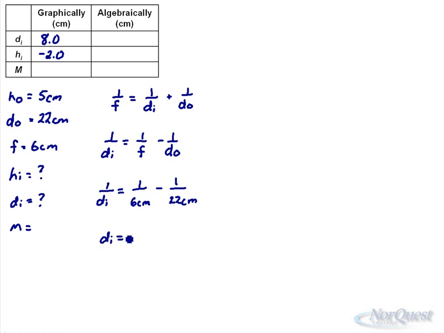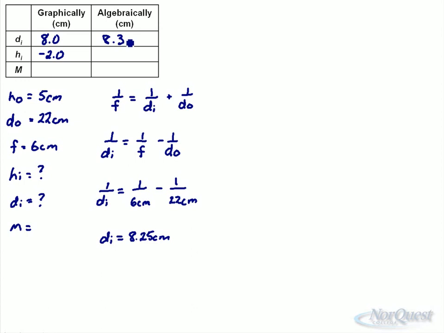So use your x to the negative 1 key, and you should get 8.25 centimeters algebraically. I always find it easier just to substitute the numbers and then reciprocal it after you do the calculation. The algebra involved for manipulating that is actually quite difficult, so I tend to do my substitution and just let the calculator do the work. So put that number in to 2 sig digs would be 8.3. So slightly different than our graphical result.